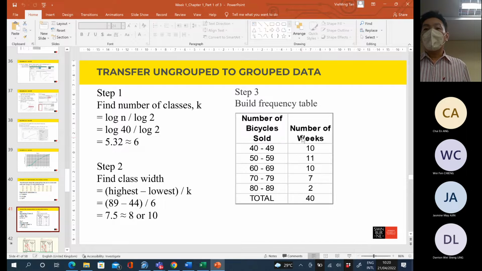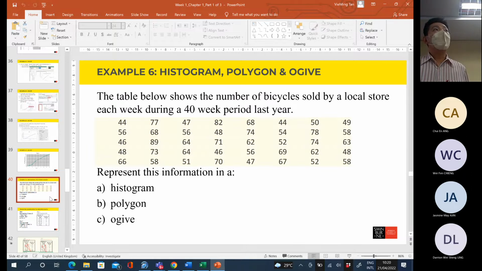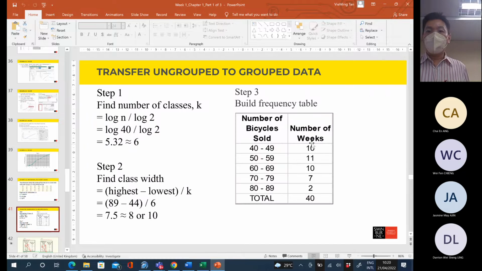So how to calculate the frequency value for each class? For the first class, you need to check how many numbers are in 40 to 49. You have to go back to your raw data again. It's good if you sort the data, and then you check among these 40 numbers how many numbers are in 40 to 49. Altogether we have 10. 10 data are in this range.